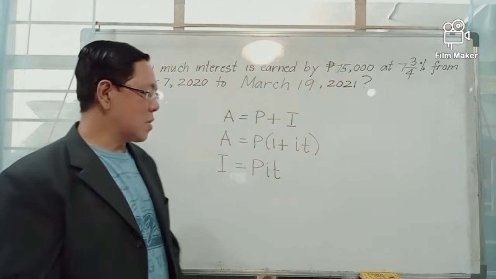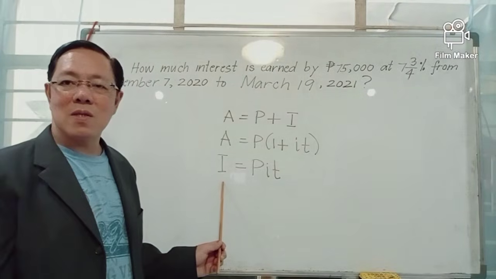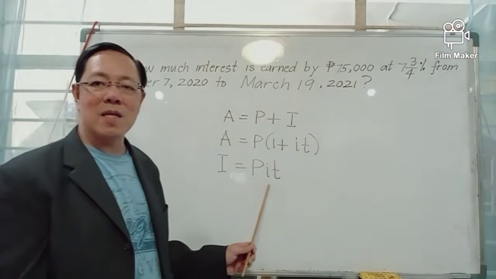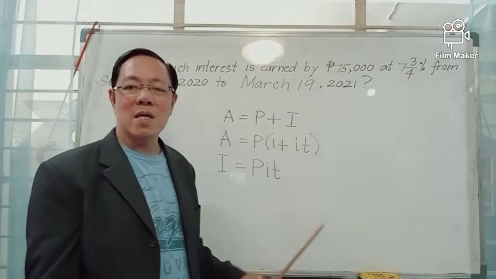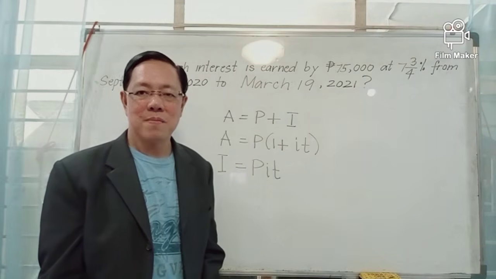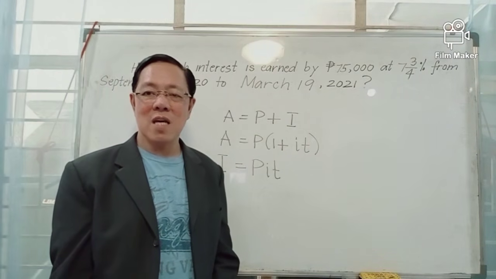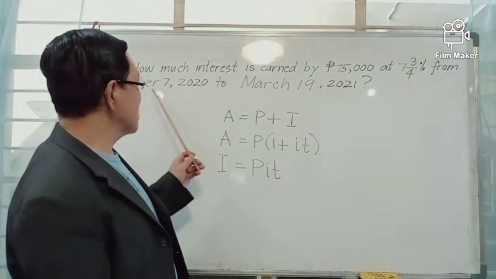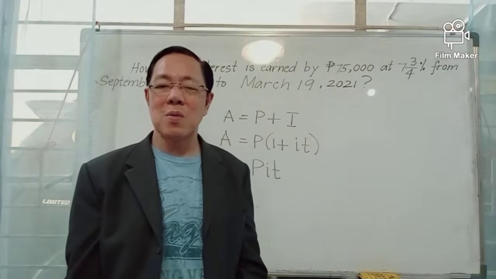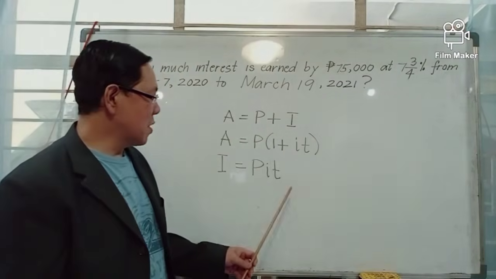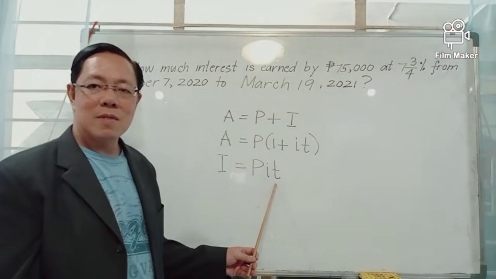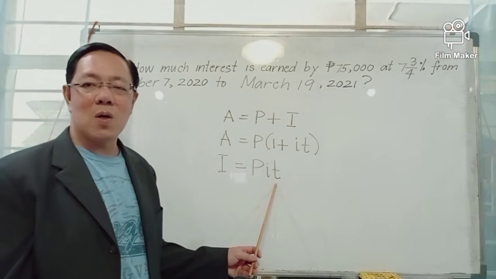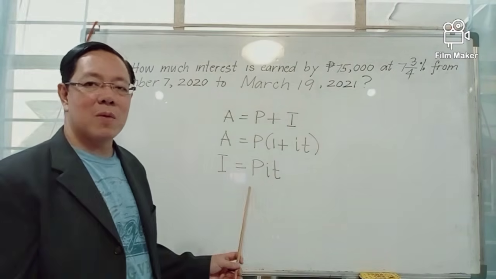And then you compute the exact amount of interest using this formula I equals PIT, where T now is the exact time. The approximate time in days and the exact number of days between these two dates must be converted to years before you substitute the approximate time or exact time into this formula.